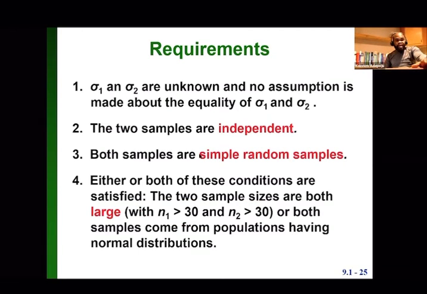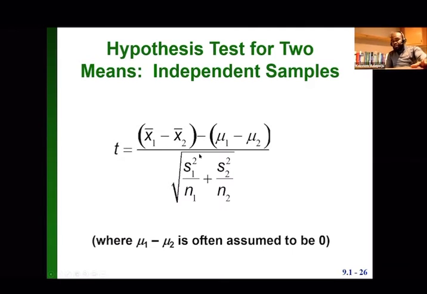So if that happens, what is going to be the test statistic? Of course, the test statistic is going to be t. Now, I'm going to repeat that. In a situation where the population standard deviations are not given, you're going to make use of the formula I'm showing you right now.